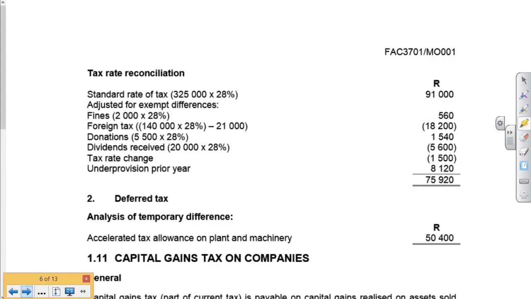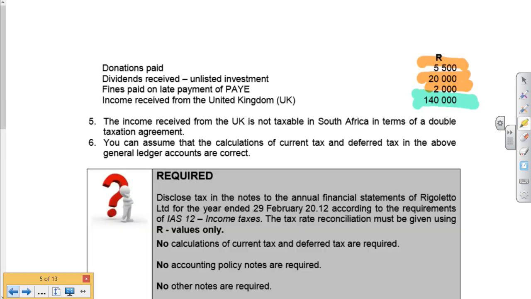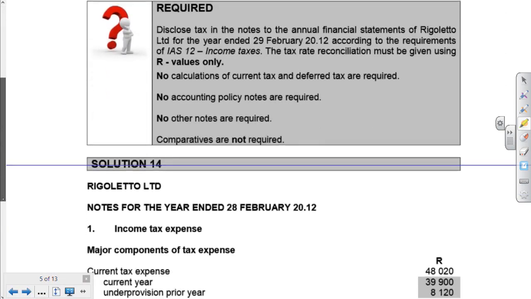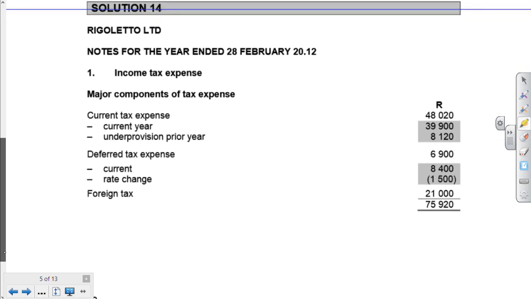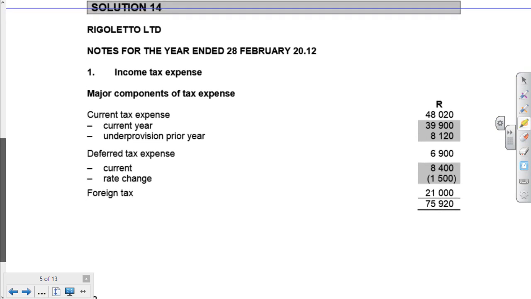So if I look at the tax in the notes, there's obviously a tax calc that's been done. Here's the current year current tax expense, 39,900. It comes from that T account, doesn't it?